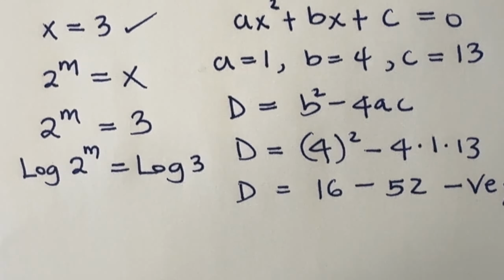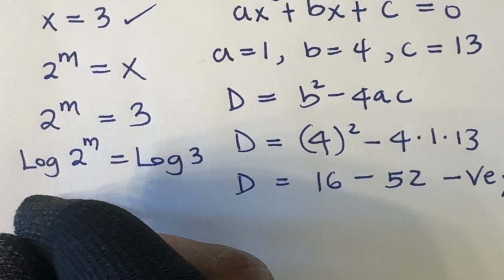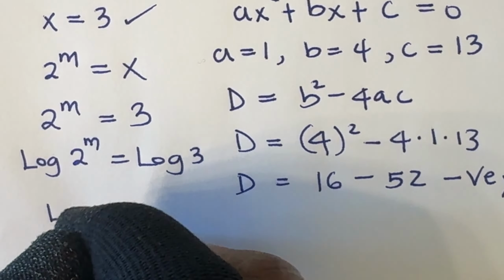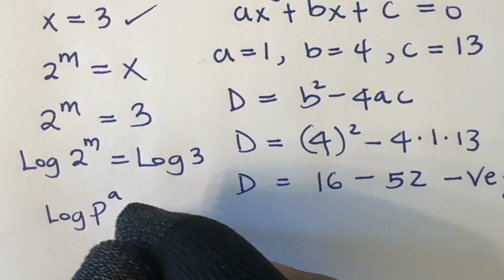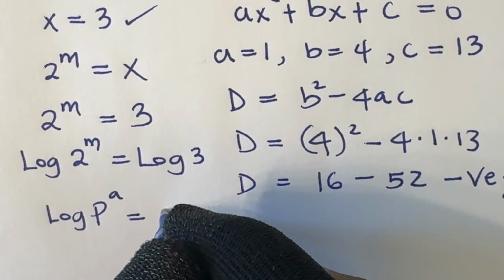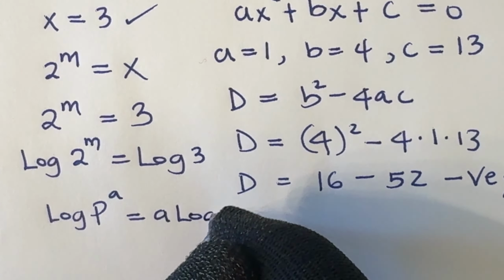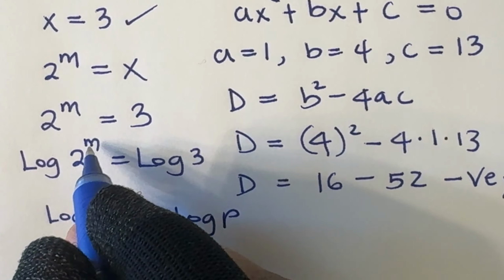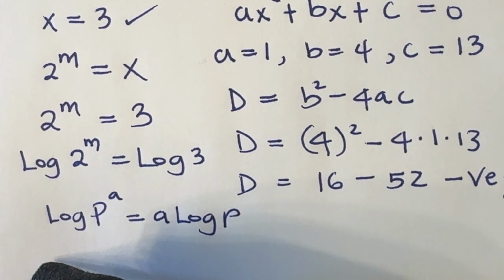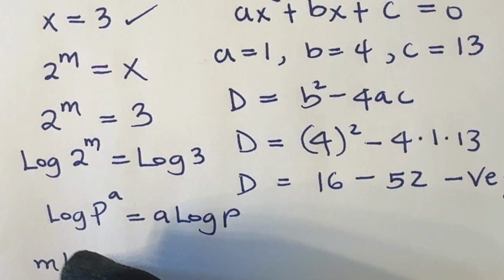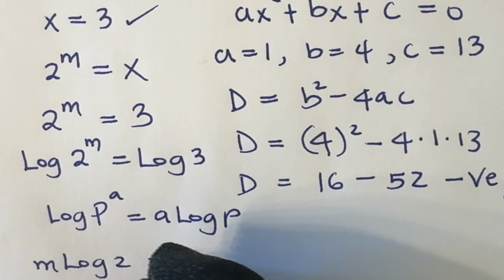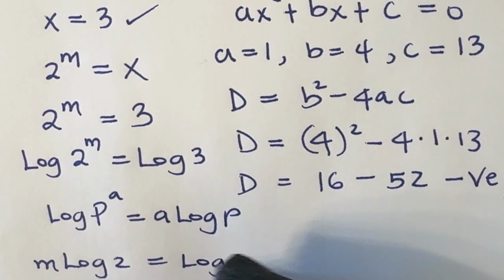And by logarithm, given log p raised to power a, this is expressed as a log p. Therefore, this is going to be m log 2 is equal to log 3.